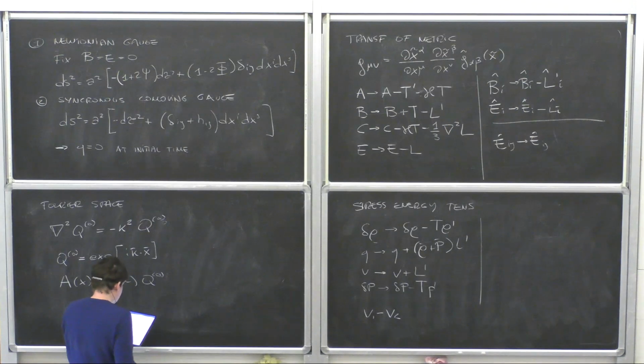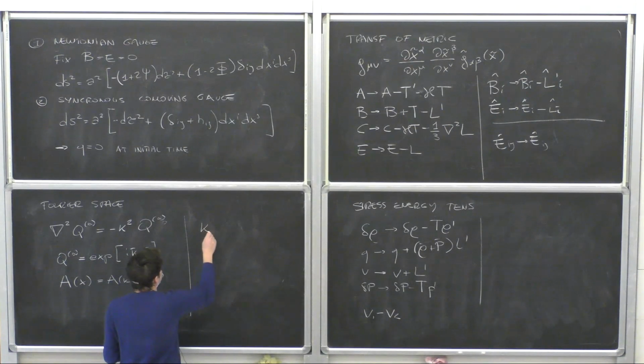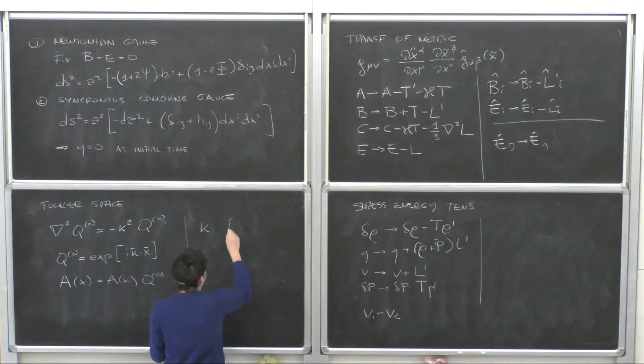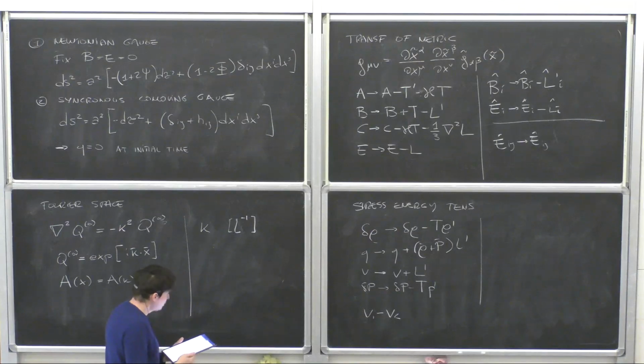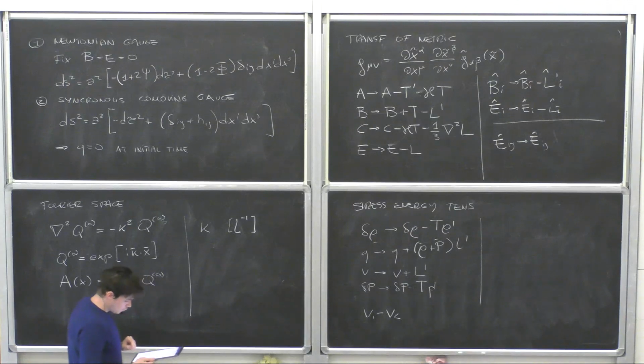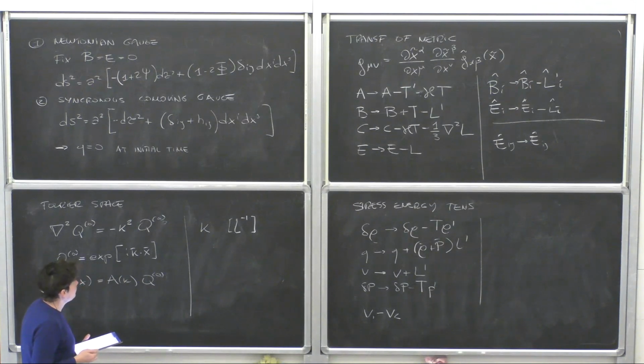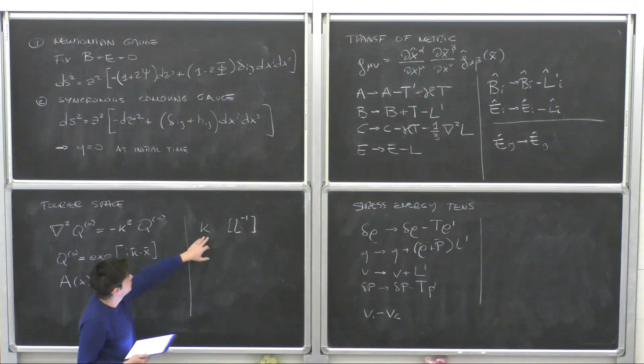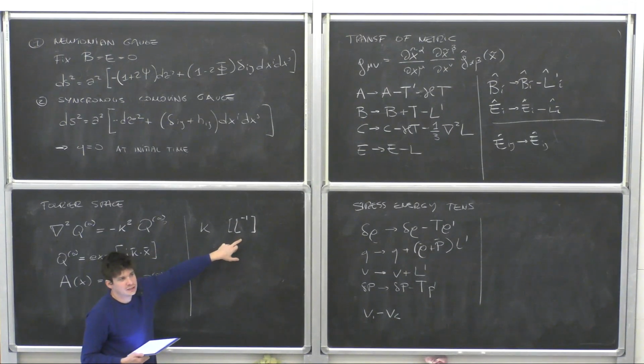In fact, k has units of length to the -1, so small k means large scales, large k means small scales. This also tells you that doing Fourier transforms allows us to compare length scales.